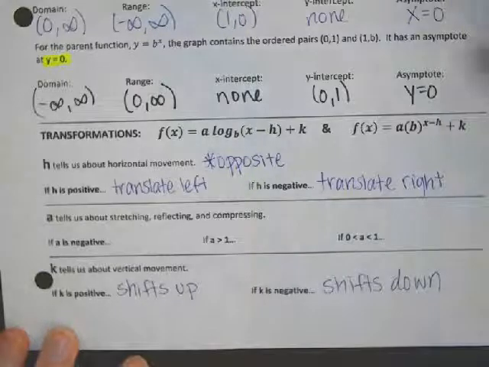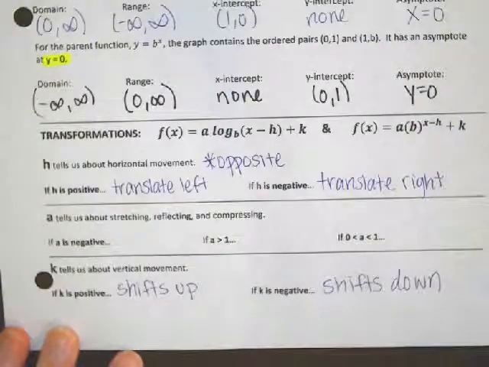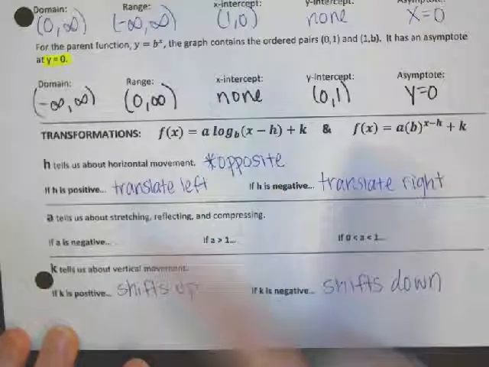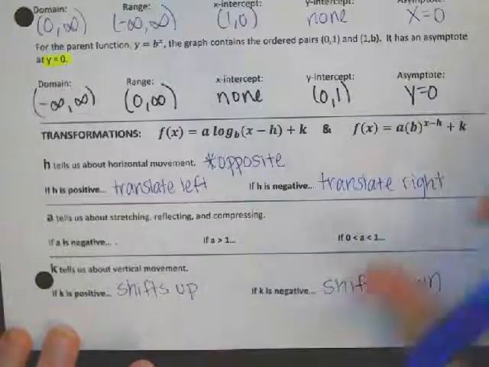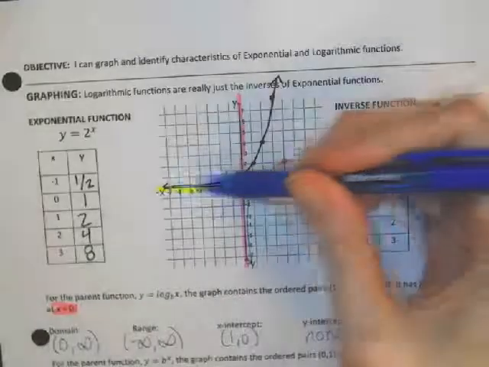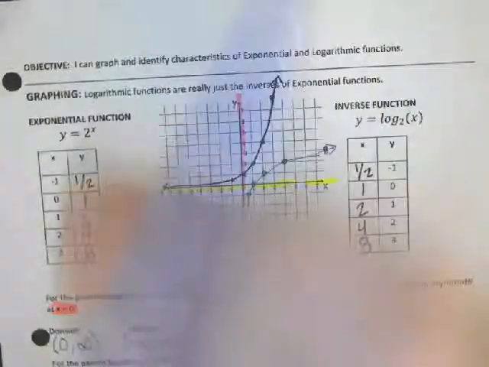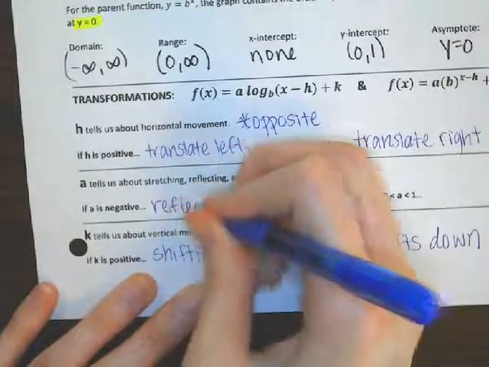Okay, then the last transformation is with the a value. We have 3 different things that your a can tell you, starting with just the sign. If a is a negative, what does that do? You went from being positive to being negative. What does that do to the graph? Think about it. All of these values are positive, right? And then I make them negative. What does it do? Reflects. There you go. So if a is negative, it causes a reflection.